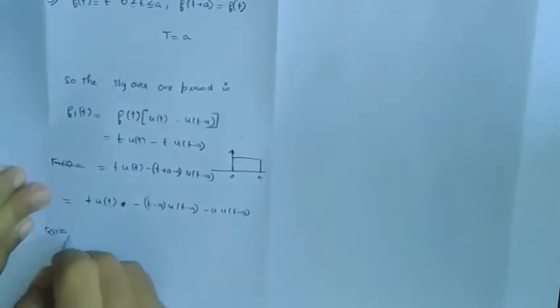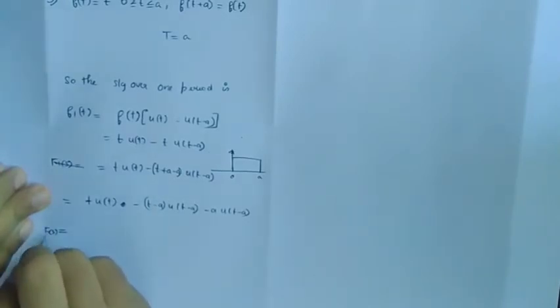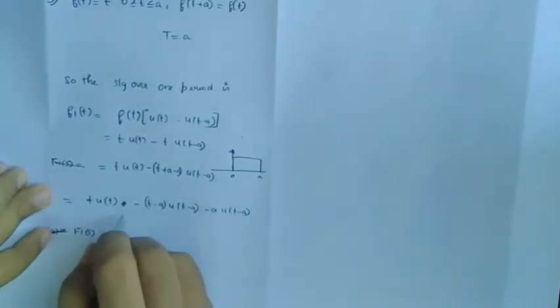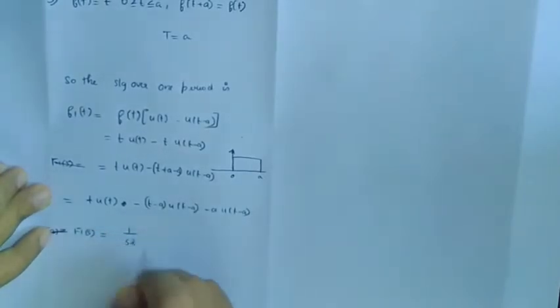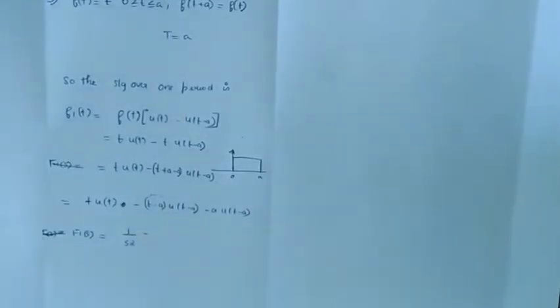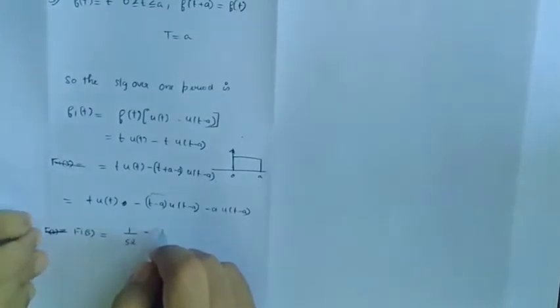And now if I take the Laplace transform, we'll get f1 of s equal to 1 divided by s square minus, here is a shift in the time domain, so there will be a multiplication by e raised to minus as in the frequency domain, right?